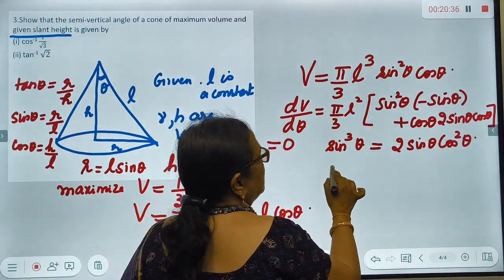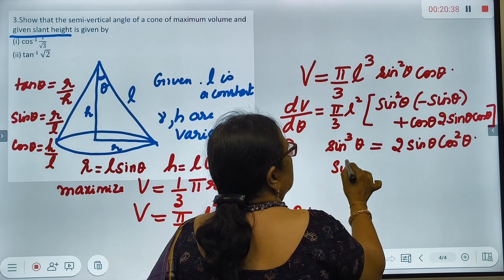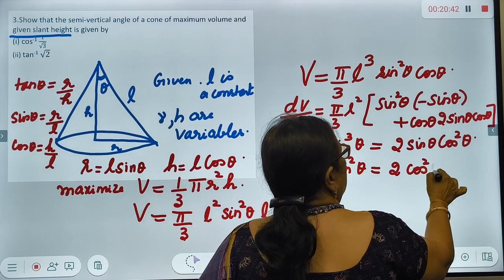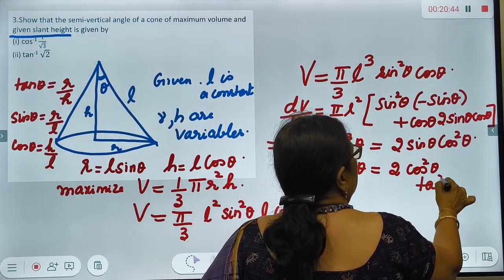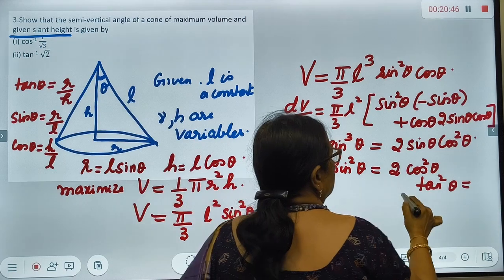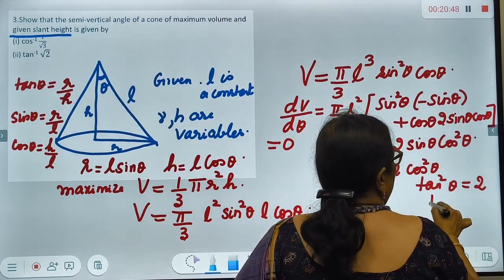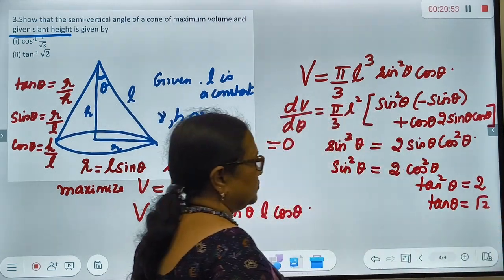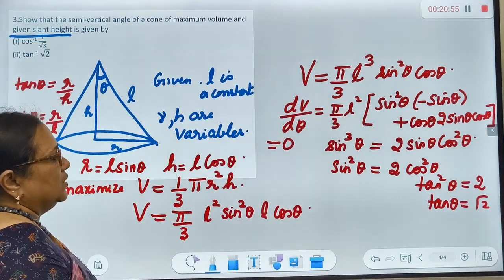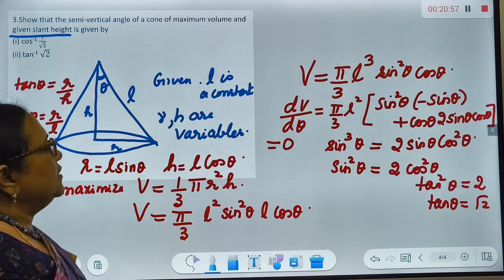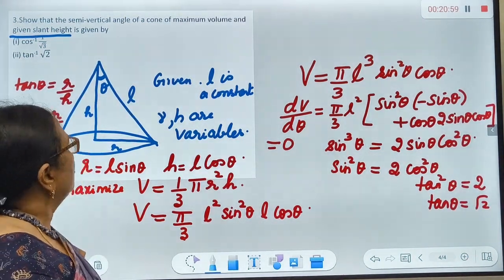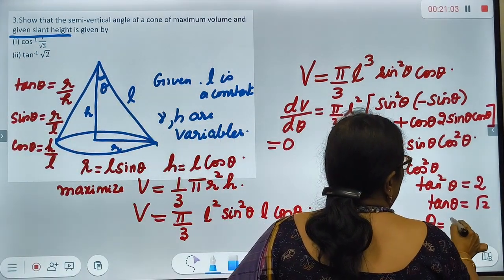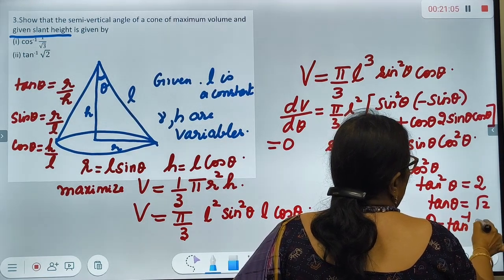So cancelling one sin theta, you will get sin square theta equal to 2 cos square theta, or tan square theta equal to 2, or tan theta equal to root 2. It can't be negative here, so we are writing tan theta as root 2. Okay, which means theta equal to tan inverse root 2.